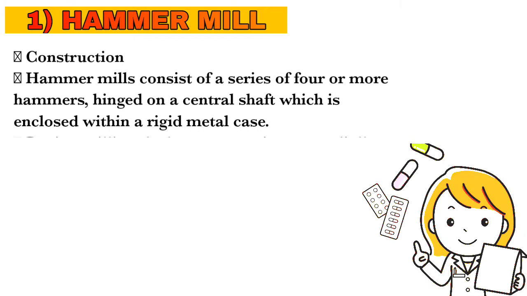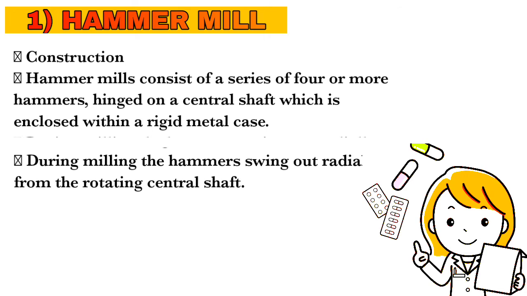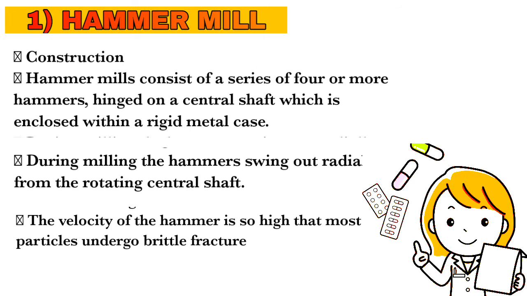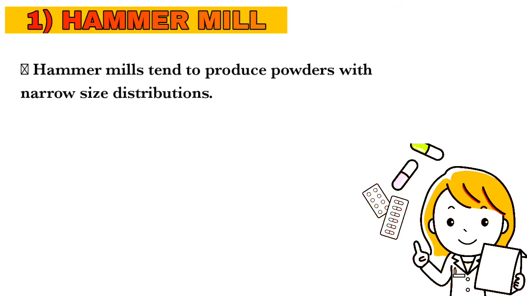Construction. Hammer mill consists of 4 or more hammers hinged on a central shaft and these are enclosed with a metal case. It is arranged so that when the central shaft rotates, along with it the hammers swing out rapidly. As the velocity of hammers is very high, most of the feed or particles present in the mill undergo brittle fracture. Due to such crushing by hammer, the material tends to produce powder with a narrow size distribution.